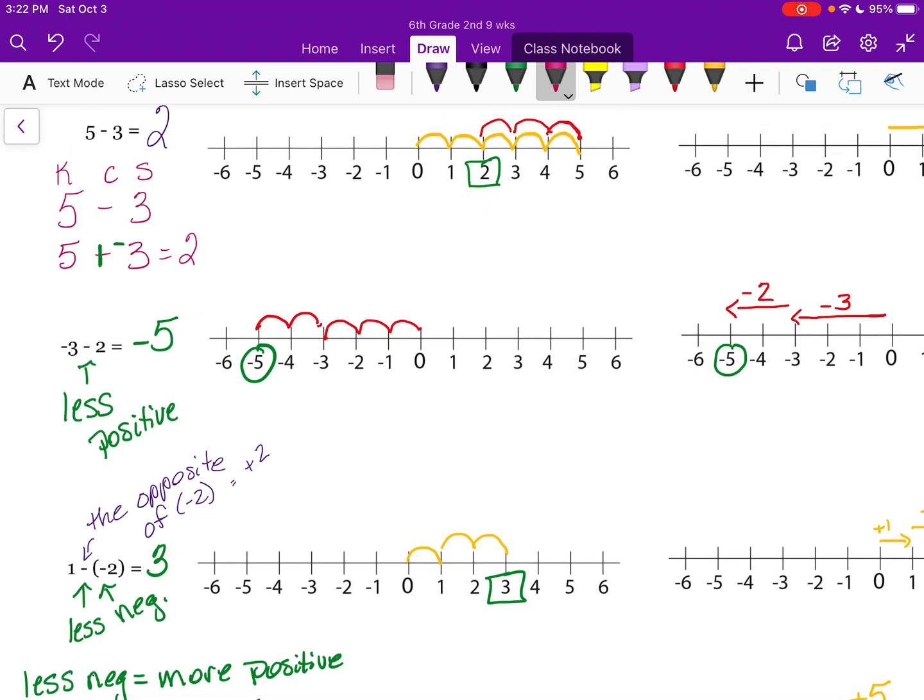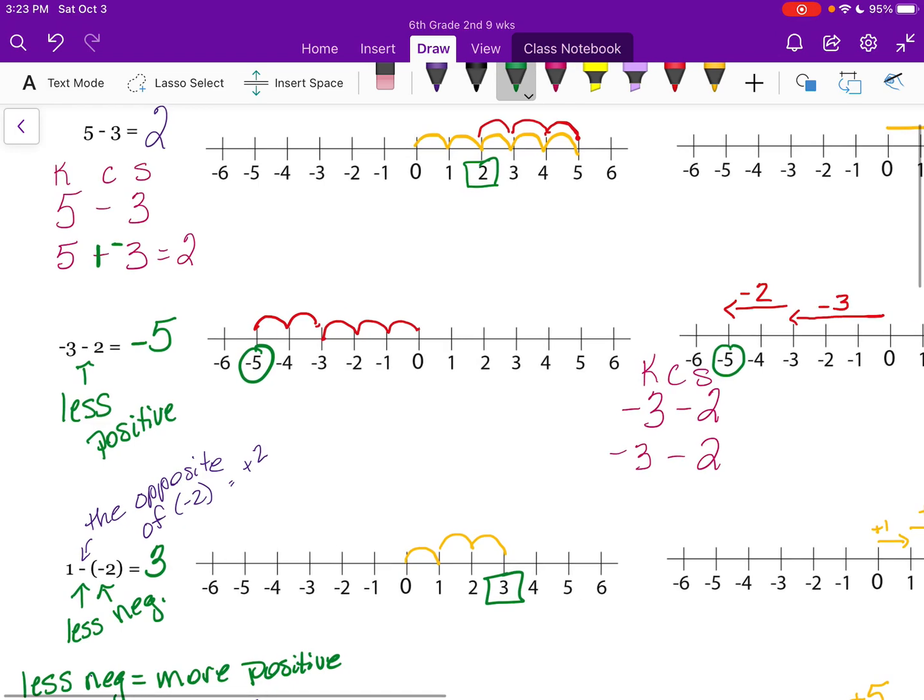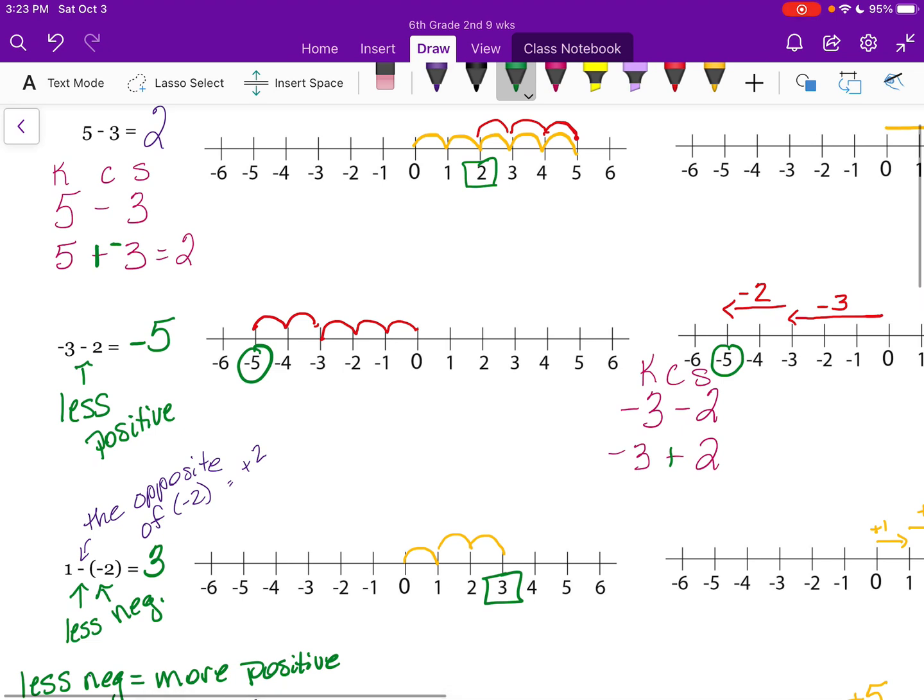Okay, I'm going to rewrite the second question over here since it's so busy right there. Okay, so we're going to say -3 minus 2. So we're going to keep change switch. So when we do that, we keep the first integer, we change the subtract to add, and we take the opposite of a +2, which is a -2.